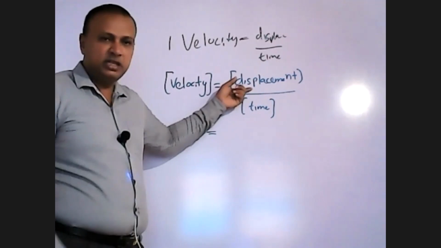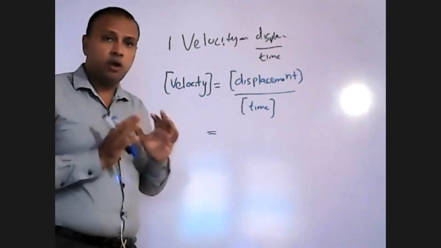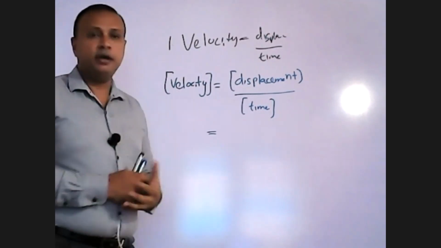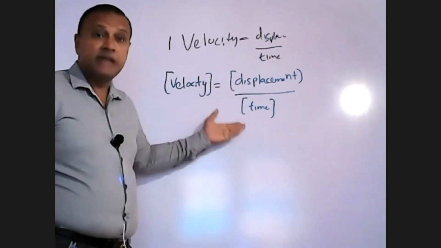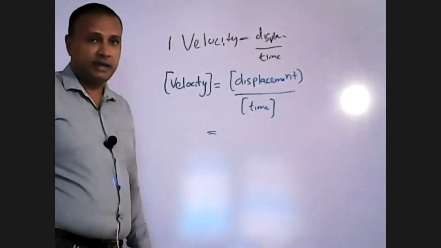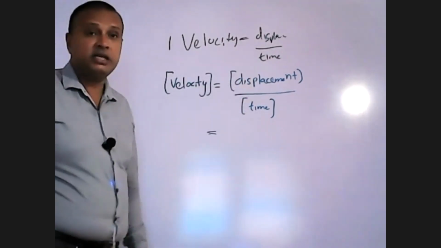Displacement is a length. So we have defined the dimensions of three main basic physical quantities, that are length, time, and mass. So we have to assign those physical quantities in this equation.